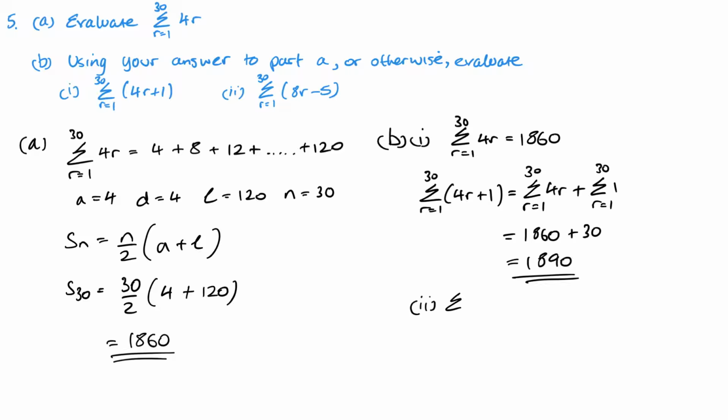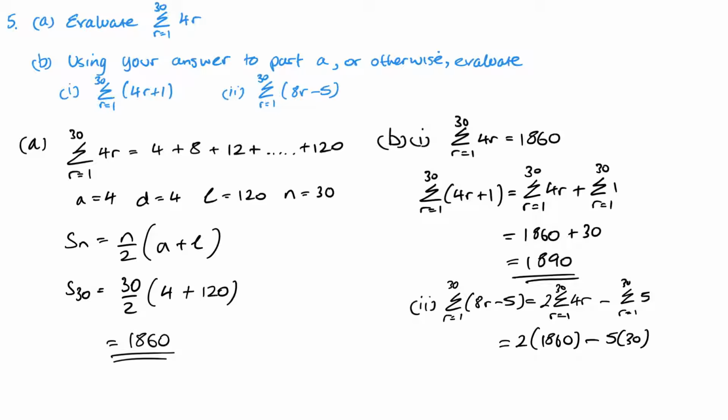So for this one, I'm going to write it out like this. Hopefully this will help you in the future. So we got 2 lots of this one, it's 4r minus, and then this sum when it's 5. Okay, so we get 2 lots of 1,860 minus basically 5 lots of 30.